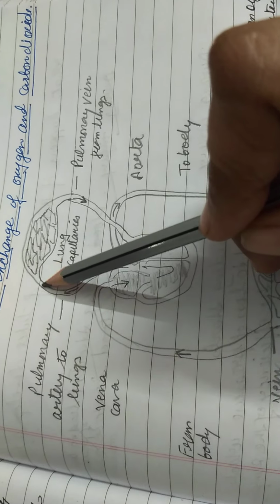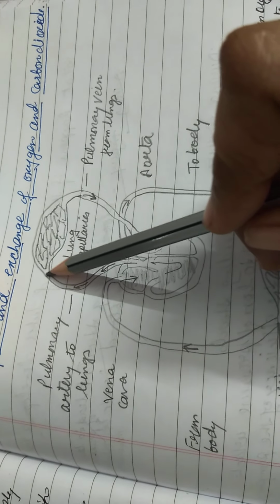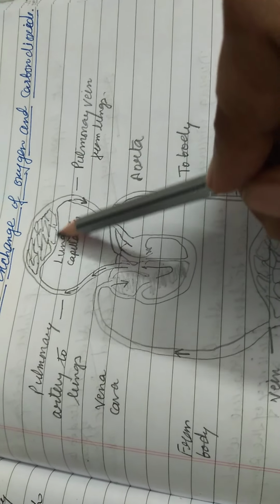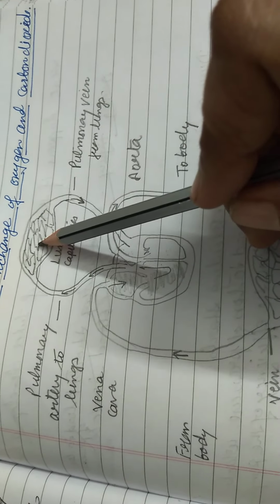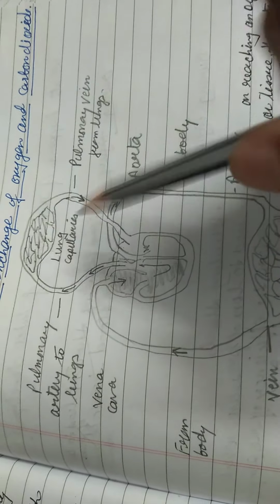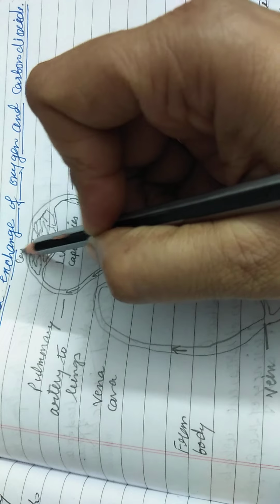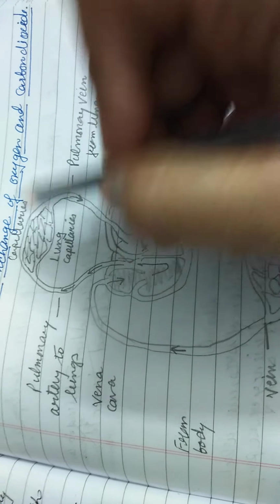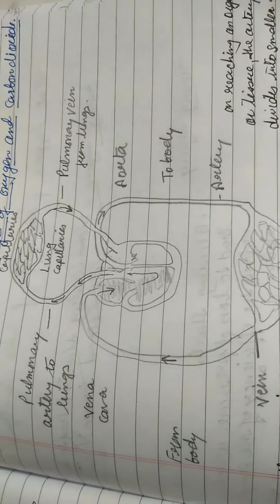In the lungs, this artery divides into fine tubules so that proper exchange of gases can take place. These fine tubules are called capillaries, right? And the walls of these capillaries are 1 cell thick.